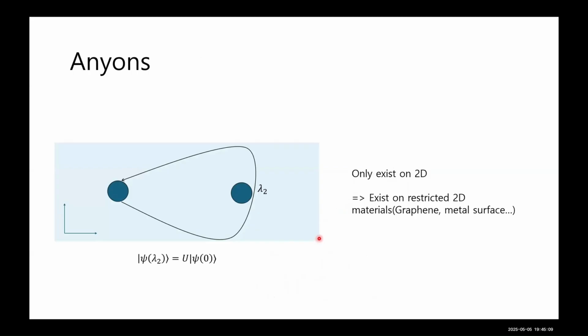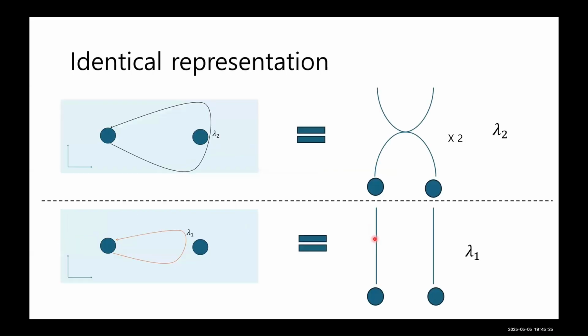But as you know, we are living in three dimensions. We have to restrict the dimension. That means anyons only exist in two-dimensional materials like graphene, nanowires, or metal surfaces. And we can make the lambda 2 path topologically the same shape as this shape.